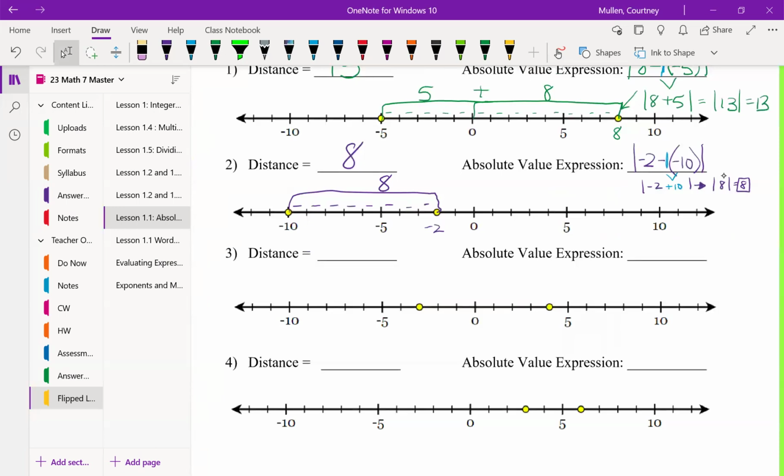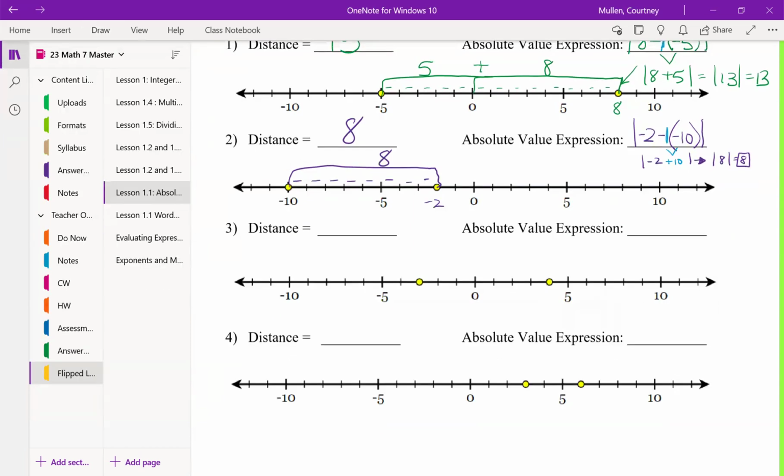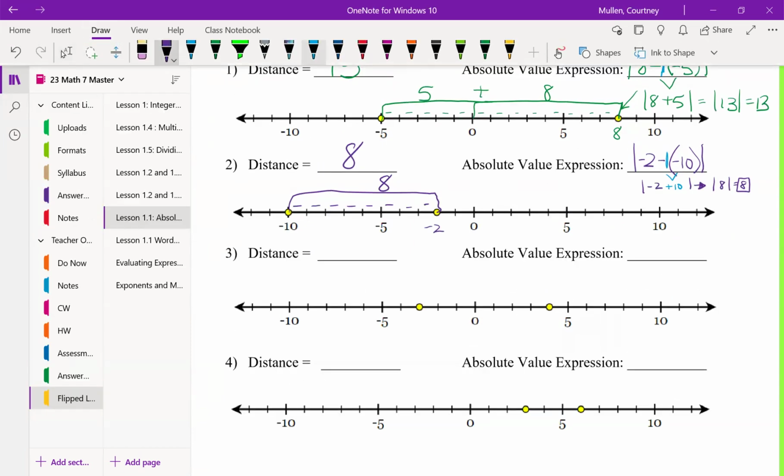Let's check and see how you did. Let me get a different color here. Purple, purple. Okay, so first we had to label what these values were. Count the spaces.